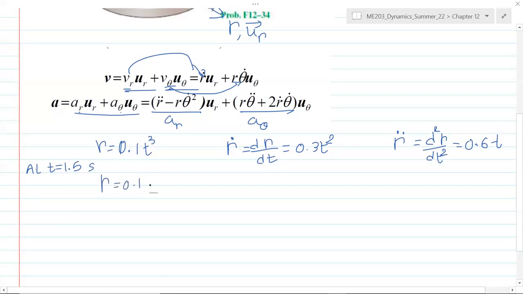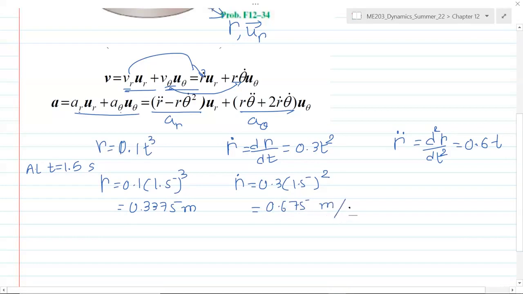So at t equal to 1.5 seconds, you substitute 1.5 here. So the value of r is 0.1 multiplied by 1.5 cube, and that is 0.3375 meters. For r, the unit is meters. r dot at 1.5 is 0.3 multiplied by 1.5 square, which is 0.675.